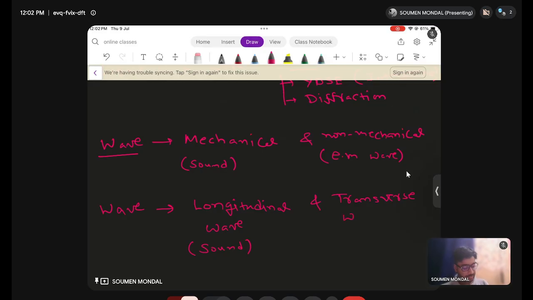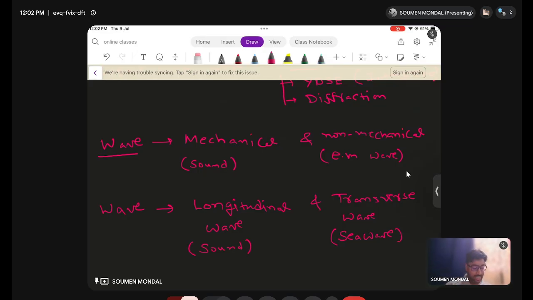Then there is the transverse wave, where the particles of the medium oscillate perpendicular to the direction of propagation of the wave. A very common example is a sea wave or water wave.